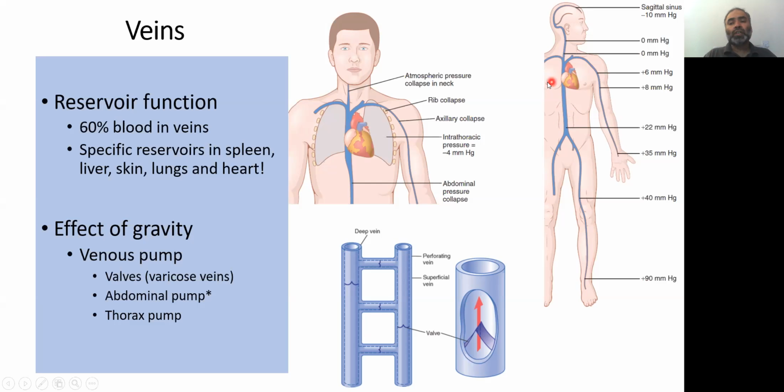So the person is standing still, and this is the reference point, the heart, which is 0 mmHg. The lowest point of the body and the closest to the earth will have the highest pressure, which is around plus 90. So you understand the effect of gravity on the blood in terms of hydrostatic pressure.